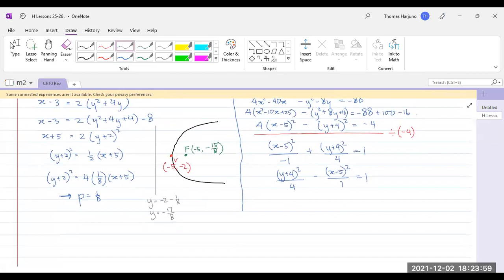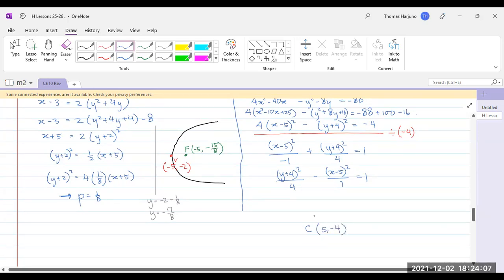Now, from here, we see that the center is 5, -4. The center is 5, -4, and the axis is parallel to the y-axis.